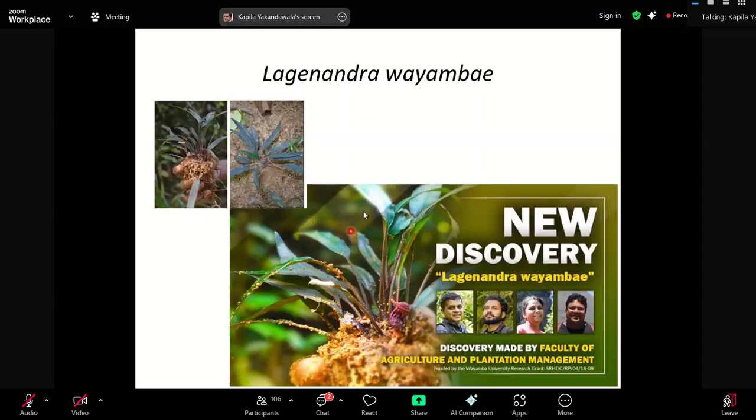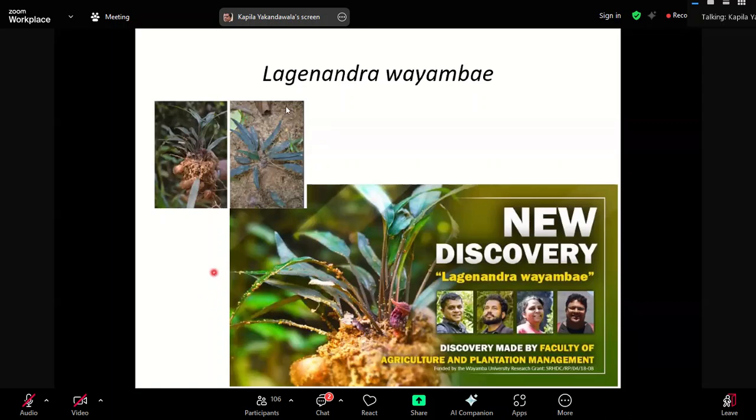This is the last example. We discovered a new aquatic plant called Lagenandra, a Ketala plant. We named it to honor our university, Wayamba University. You can't use the word Wayamba directly, so we Latinized it, wayambensis. It was a new discovery and we named it to honor our university, right?